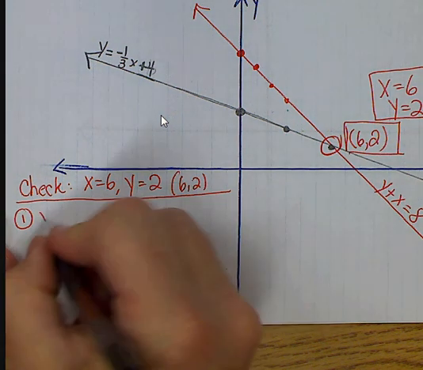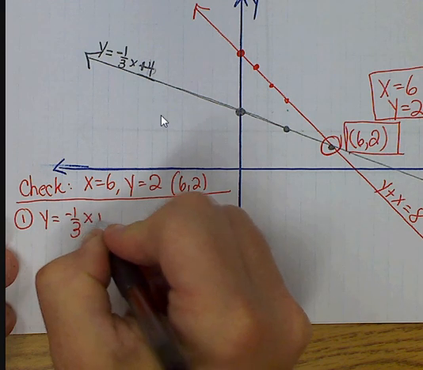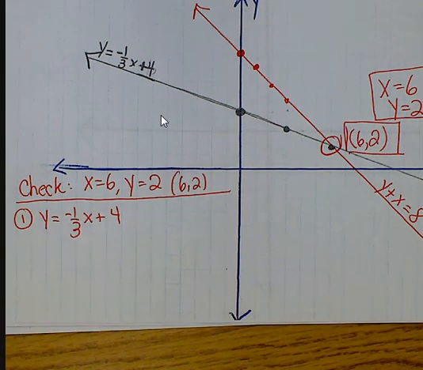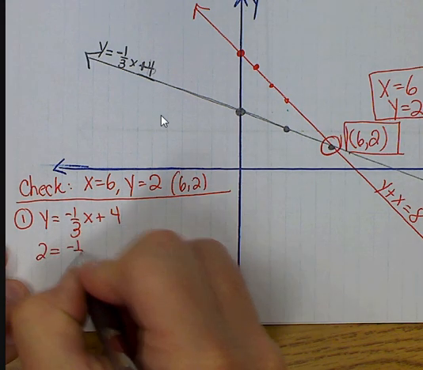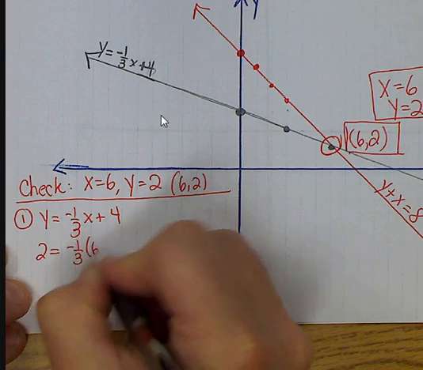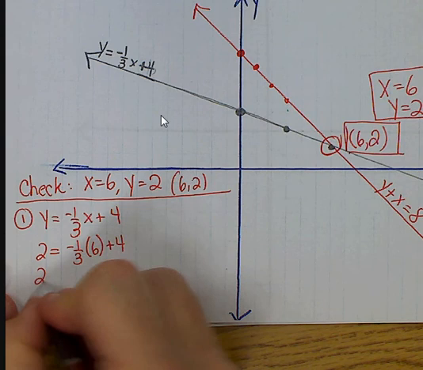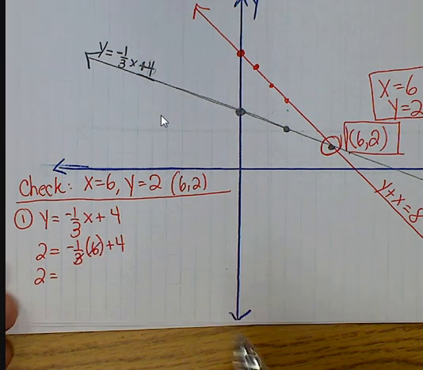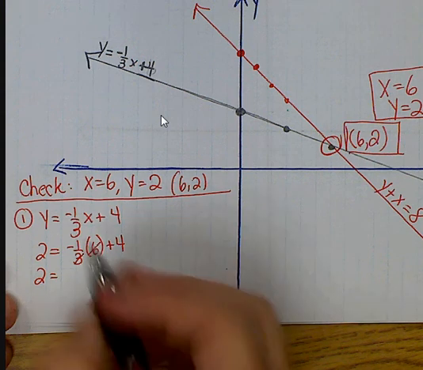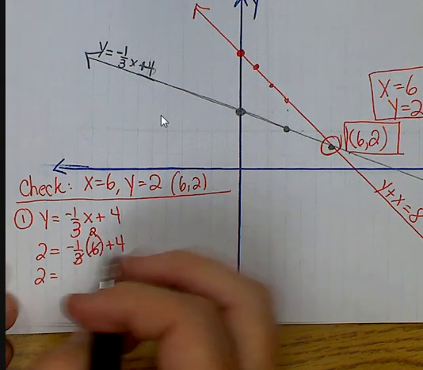Equation 1 looks like this: y is equal to negative 1/3 x plus 4. I don't plug anything in yet, I just write it down. Now I'm going to plug in my x and y. Is 2 equal to negative 1/3 times 6 plus 4? What happens to this 3 and the 6? They're going to cancel and give me what? 2. What's negative 1 times 2?